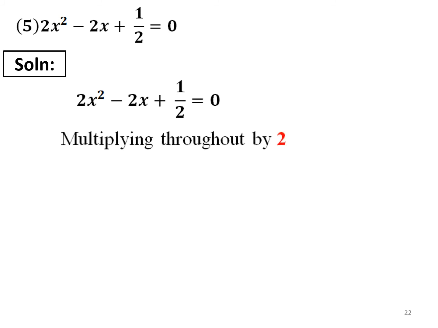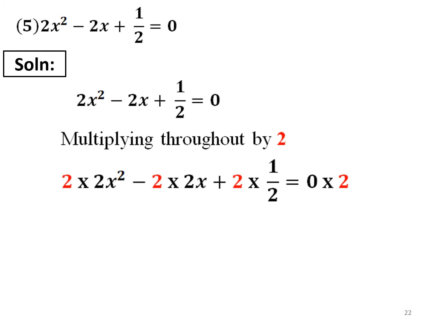Multiplying throughout by 2, I get 2 into 2x² minus 2 into 2x plus 2 into 1/2 is equal to 0 into 2. 2 into 2x² will give me 4x², minus 4x, plus 2 and 2 get cancelled, so I'm left with 1, and 0 into 2 is 0. So the equation becomes 4x² − 4x + 1 = 0.